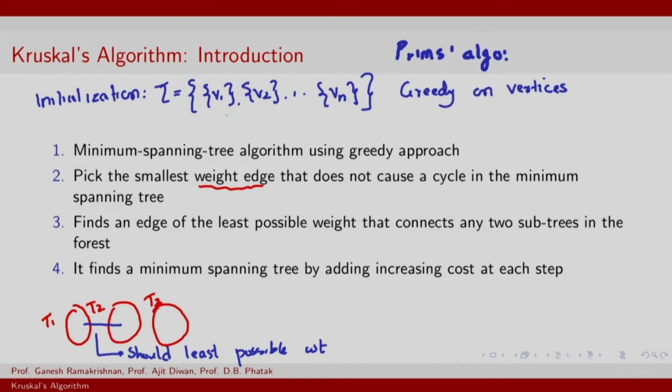You will pick the edge with the least possible weight that connects two different trees. Of course, in this process you will merge these two trees, so you will get a new tree V1, V2, and the others will remain what they were. In this way you keep growing till you have found a single tree, or you are not able to find any edge that connects two trees.